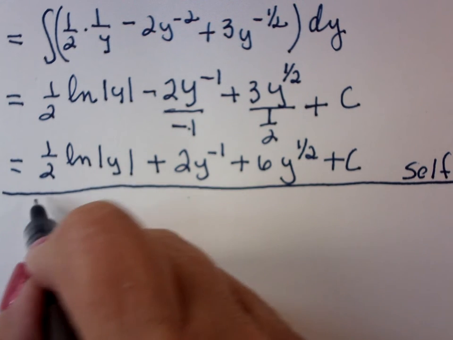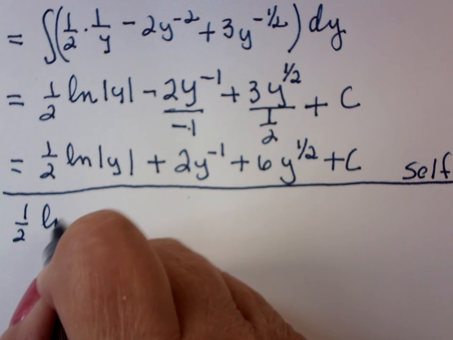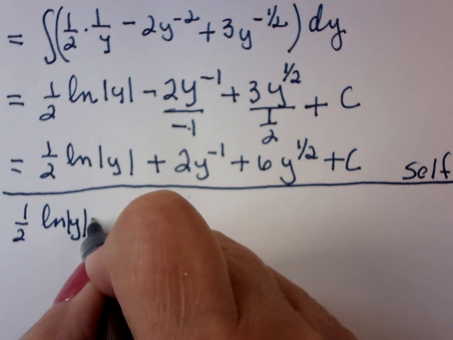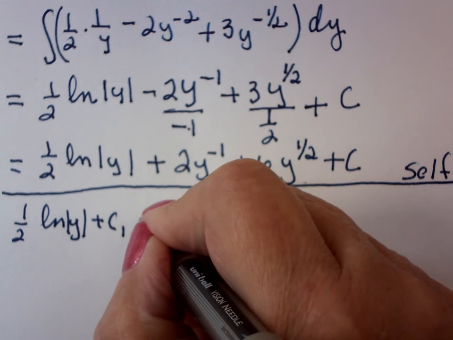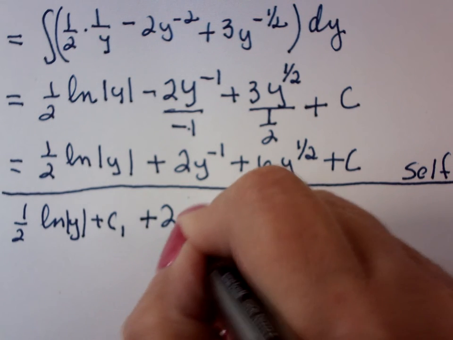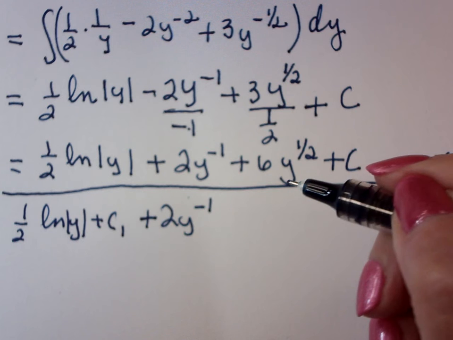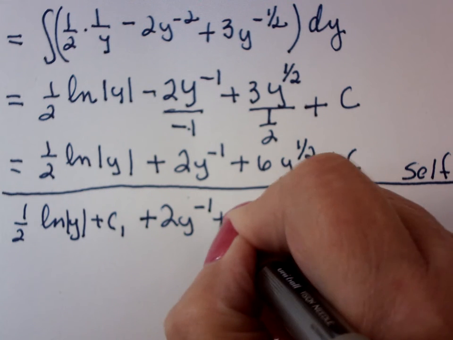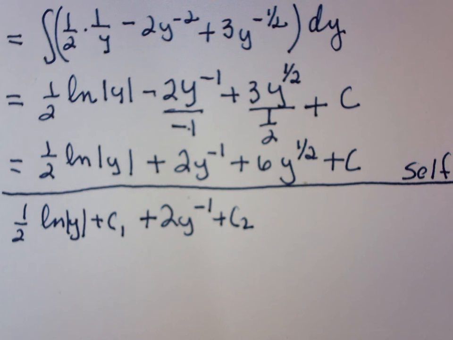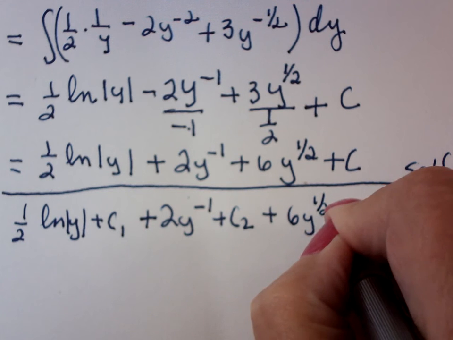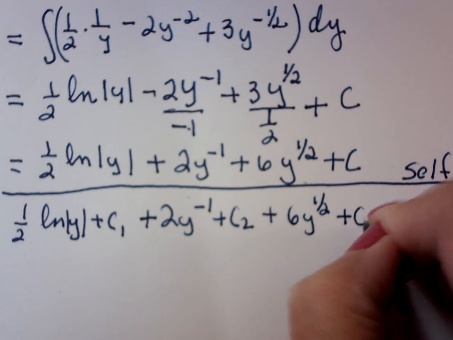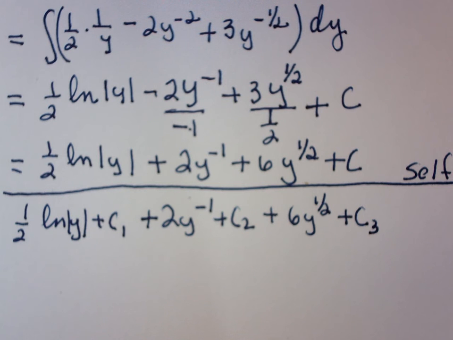If I were to look, I would come out with 1/2 natural log of the absolute value of y, plus c1 because it's term 1. And then plus 2y to the minus 1, which would come out with a plus c, but I'll call it c2 because it's term 2. Plus 6y to the 1/2 plus c3 because it's term 3, but C1, C2, C3 are all numbers.